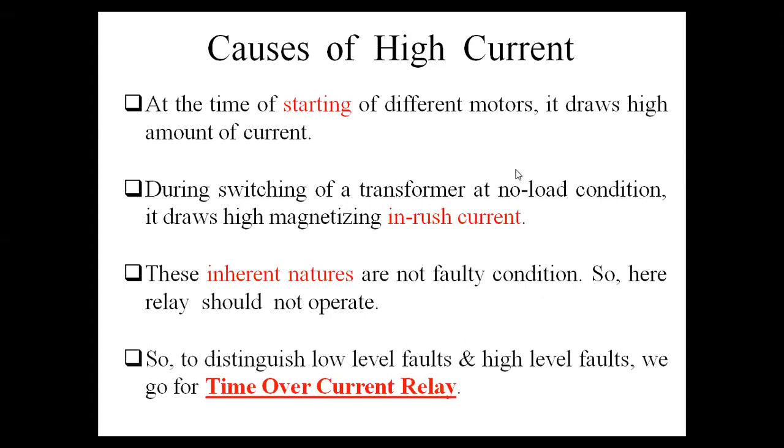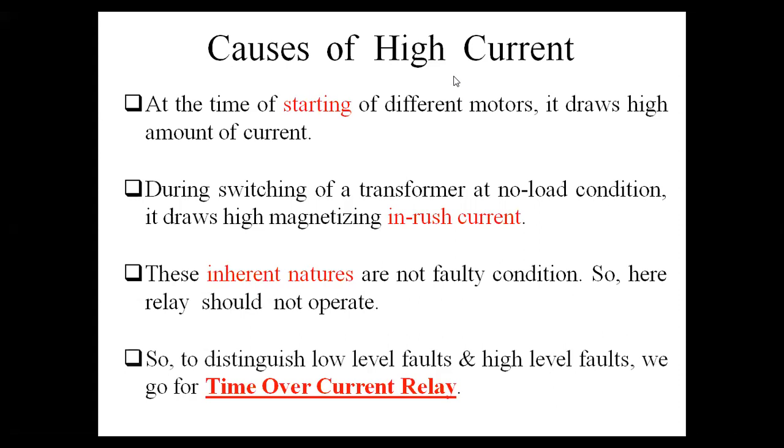To distinguish the high level fault and low level fault, we can use a time over current relay. A time over current relay will operate after a certain time, and an instantaneous over current relay takes action instantaneously. This is the basic difference. For high level faults, we need instantaneous operation, like lightning or any other emergency condition.